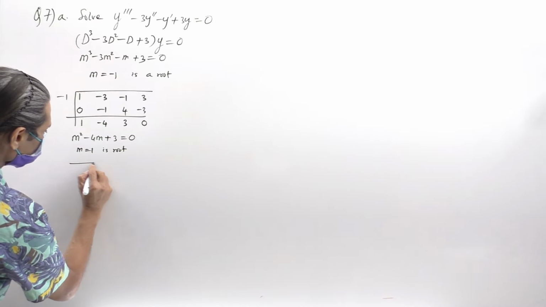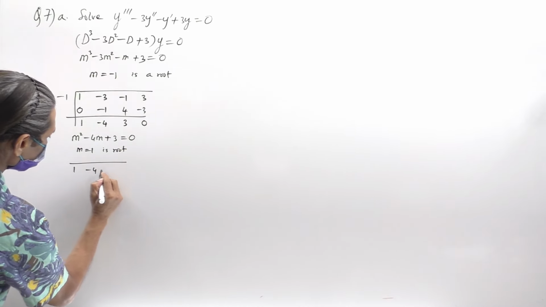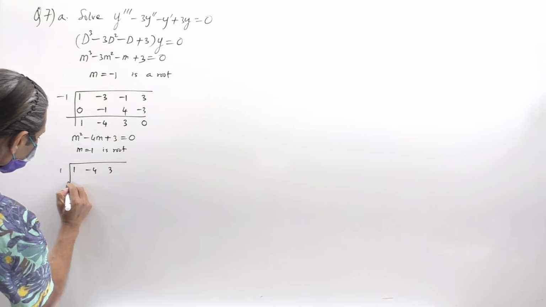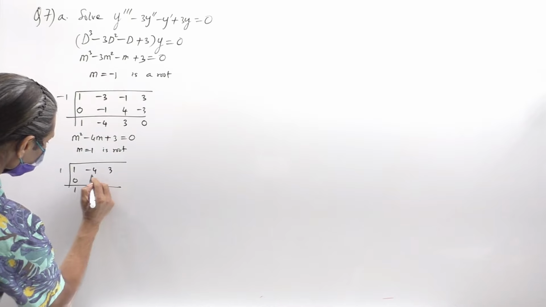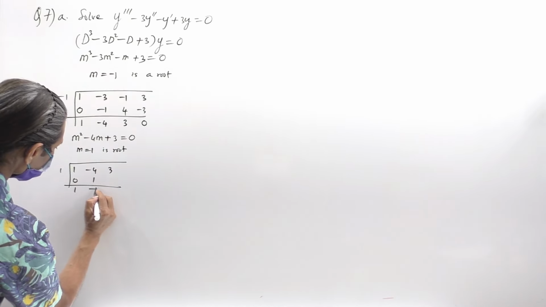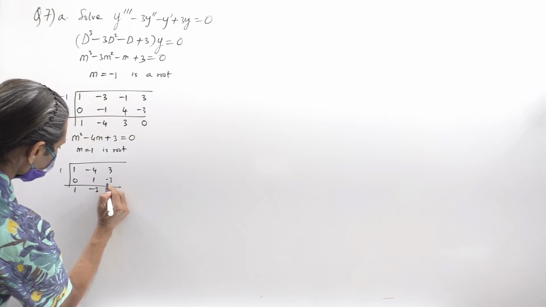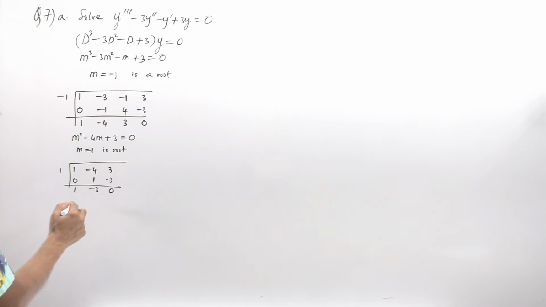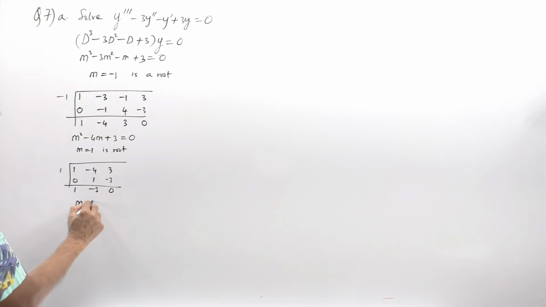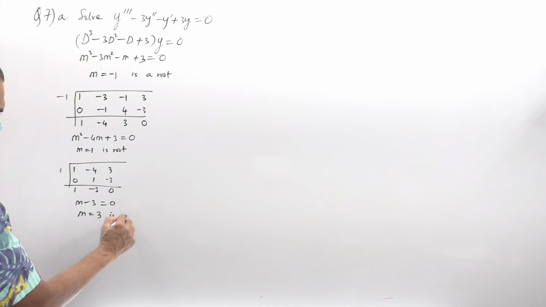So again, 1, minus 4, 3 divided by 1. So 1 plus 0 is 1, 1, 1, this is minus 3, 0. So the last remaining is m minus 3 equals to 0. That means m is equal to 3 is a root.